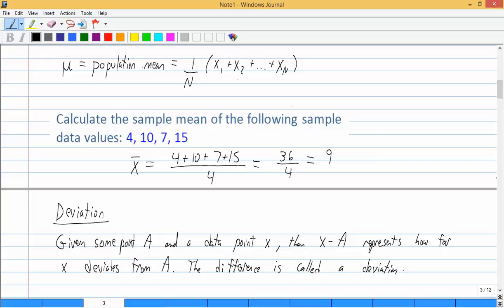But just a regular deviation would be the difference between some number A and some other given data point X. If you took one and subtracted it from the other, that difference is a deviation: how far one data point is away from another data point.